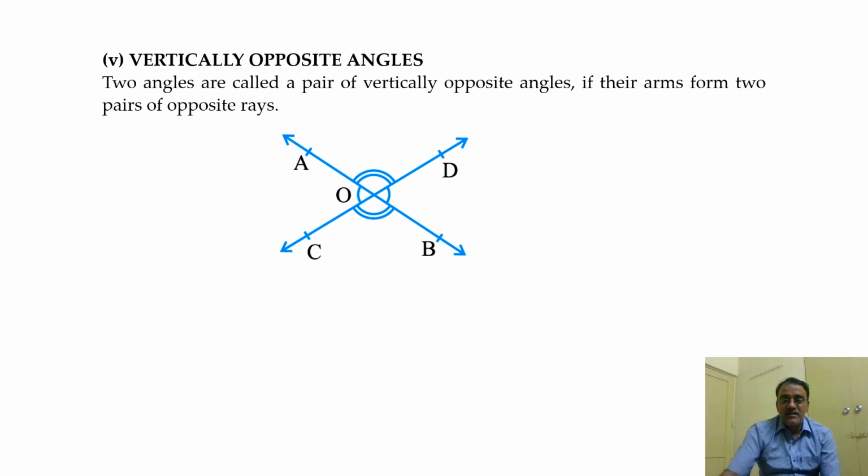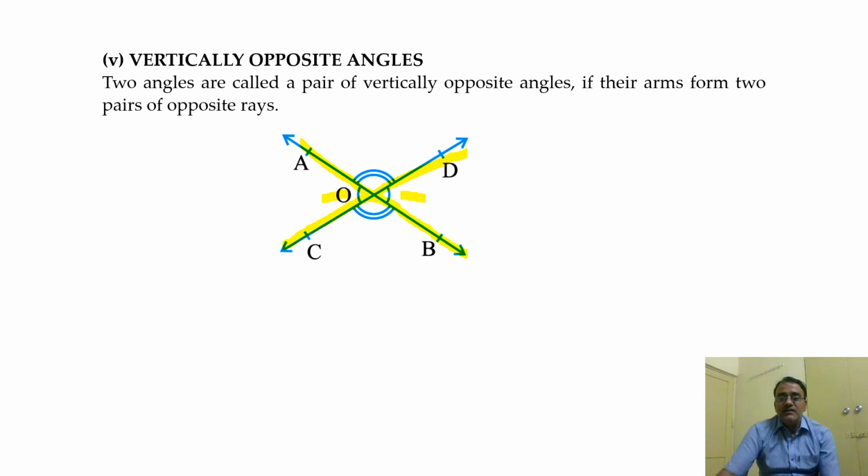यहाँ पे see, AOC and BOD, these two are vertically opposite angles, and the arms of these two angles form two pairs of opposite rays. ठीक है, एक OC हो गया और एक OD हो गया. This is one pair of opposite rays. Second, OA and another one OB.